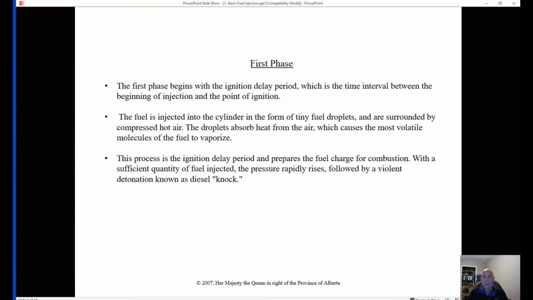What has to happen is that liquid has to turn into a vapor. Again, if you remember, we talked about the vapor point or the fire point. That fuel has to vaporize so it will self-ignite, because there's no spark in a diesel engine. So there's a delay period, the interval between the beginning of injection and the point of ignition.